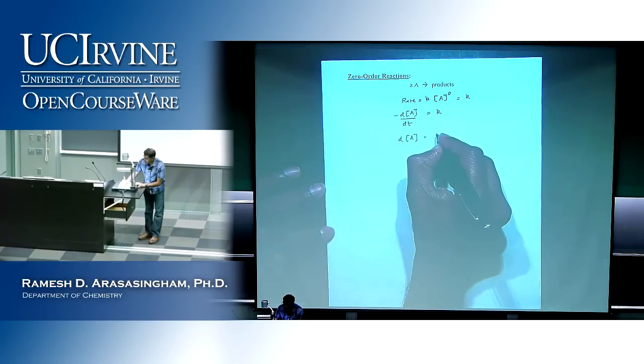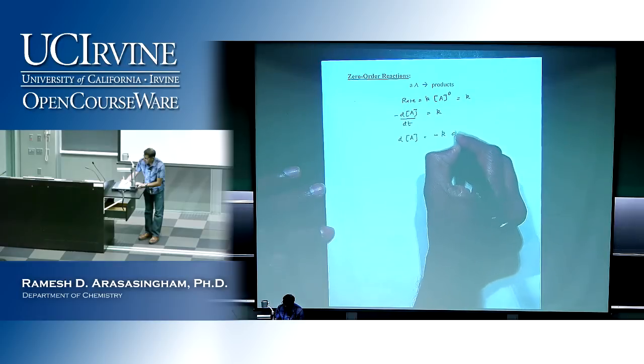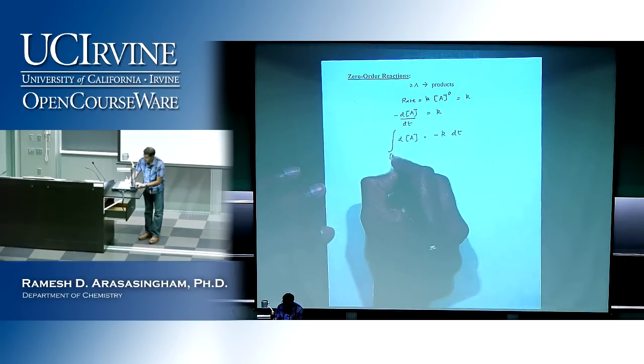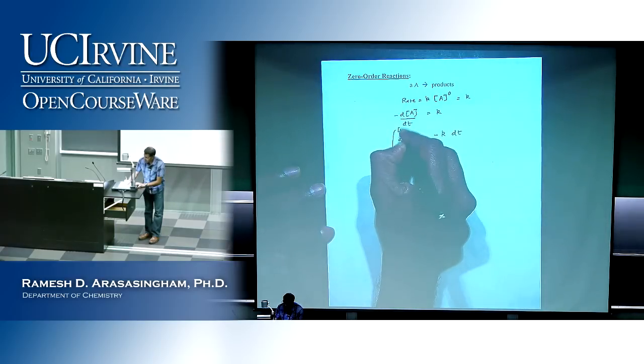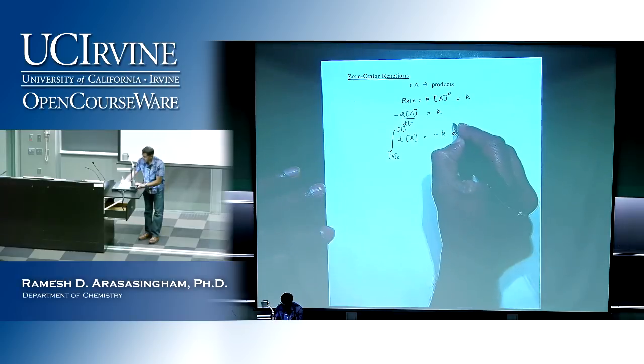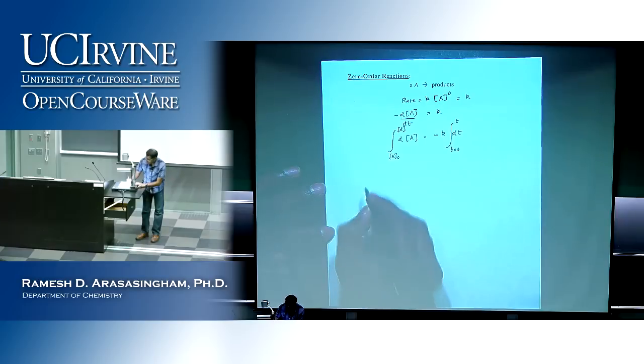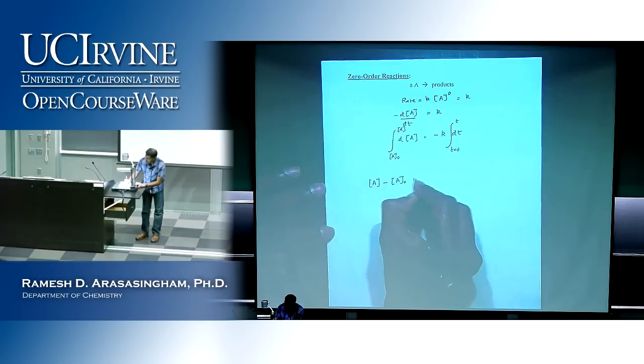On this side, I will put negative k, dt, incremental changes in time. So if I integrate this over the range of the initial concentration to any concentration A, and that corresponds to t equals 0 to any time t, the outcome comes out to be [A] minus the initial concentration equals minus kt.